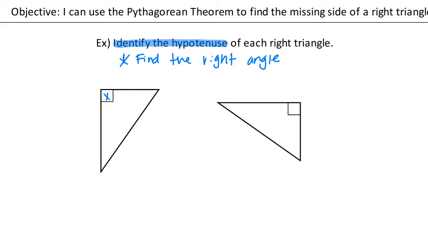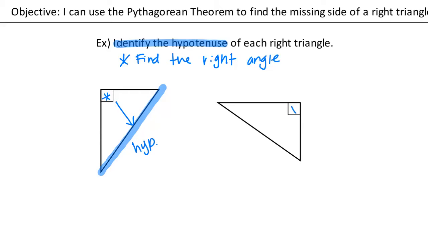So here is my right angle. So across from it, this side right here is going to be the hypotenuse. Now I'm just going to put HYP for hypotenuse. So you always want to find the right angle, but the side across from it would be the hypotenuse.